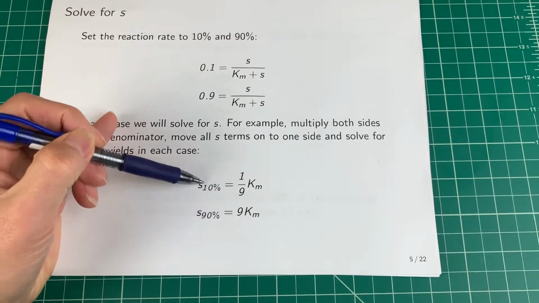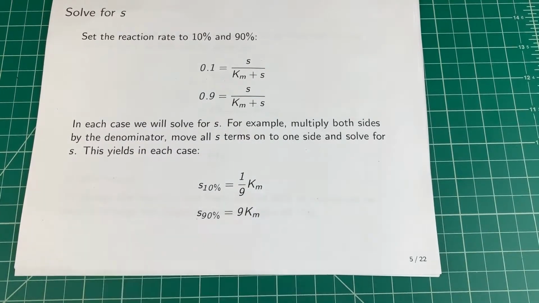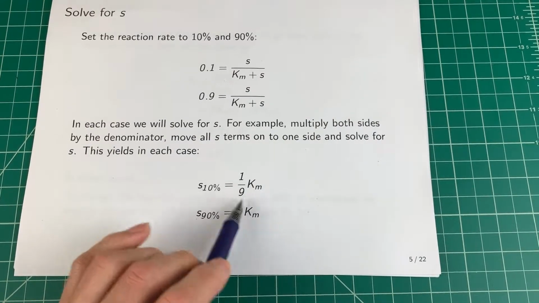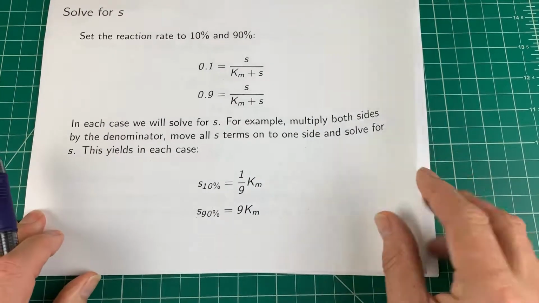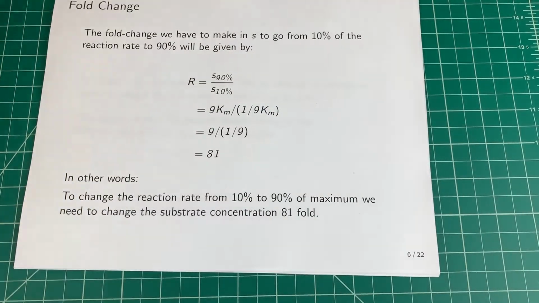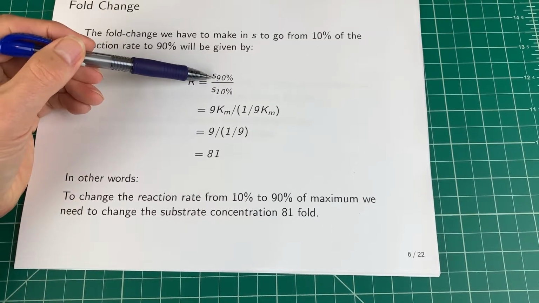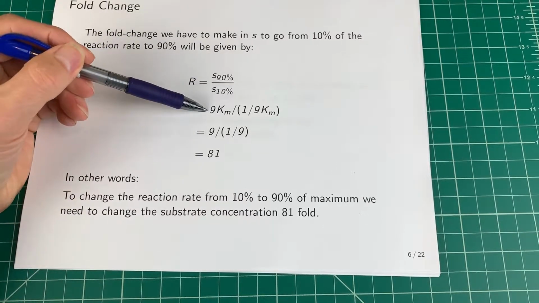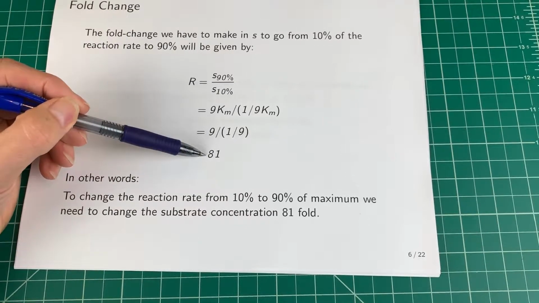Now to get the fold change in substrate concentrations, I just need to divide this one by this one. The Km's cancel, the 9 comes up to the top, and 9 times 9 is 81. So to get the fold change, I divide S90 by S10, the Km's cancel, and I work that out as 81.